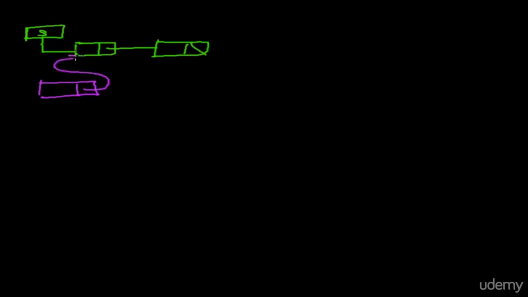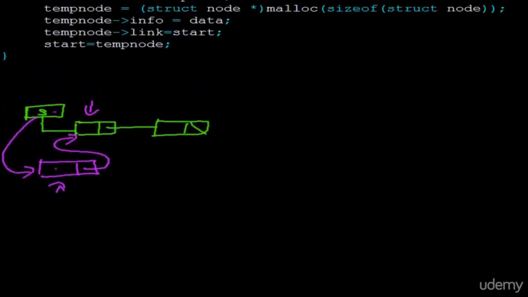So this temp node will start pointing to the first node, right? Then we will copy the address of this temp node into the start pointer. Then start will start pointing to this temp node. So by doing this we can achieve insertion at the beginning of the list.